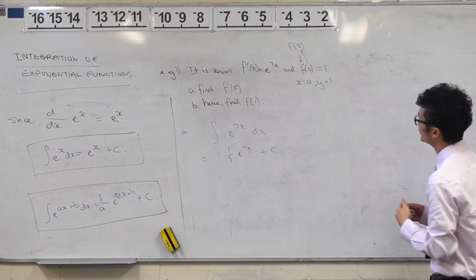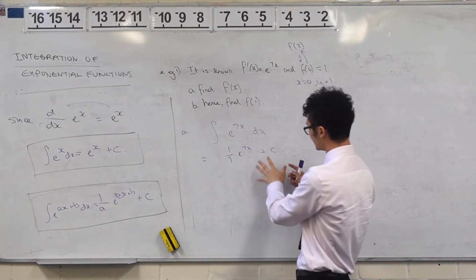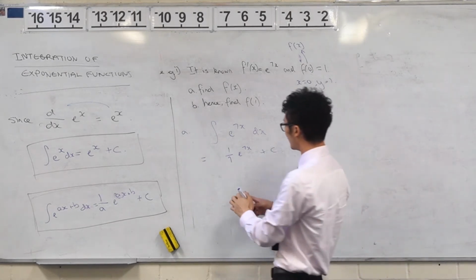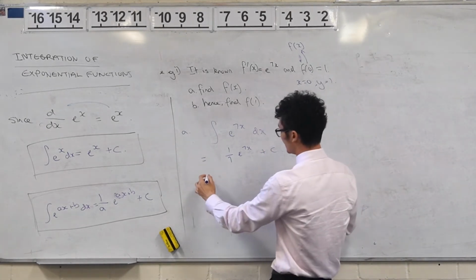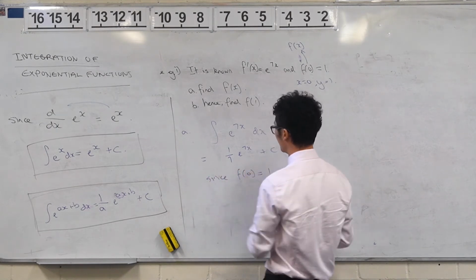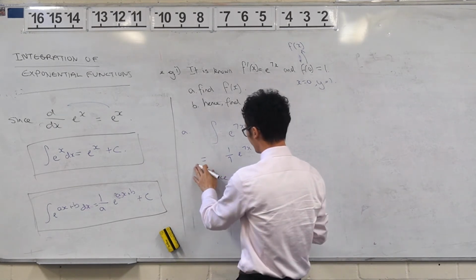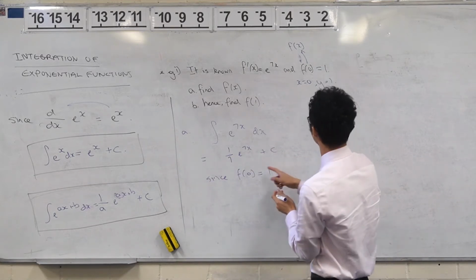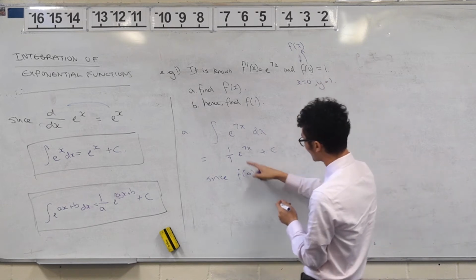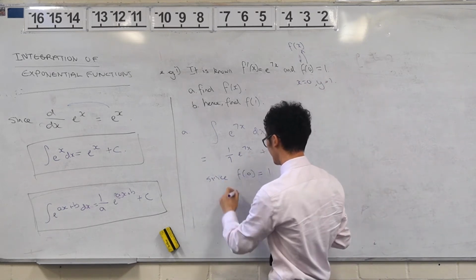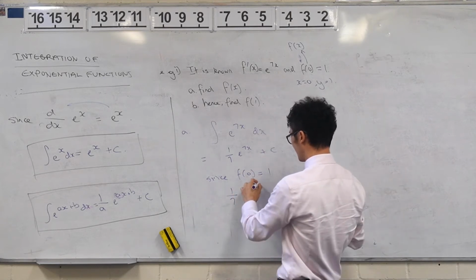But at this point, this is where I want to use the info I've got, because I actually want to find a value for c now. That's what this means. So let's say, since f of 0 is equal to 1, because this is what f of x would be, but I don't have this constant value. So I can say at x equals 0, 1 over 7 e to the 7 times 0.